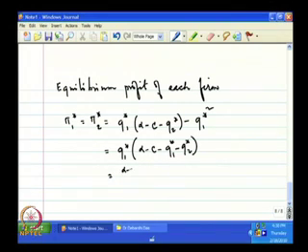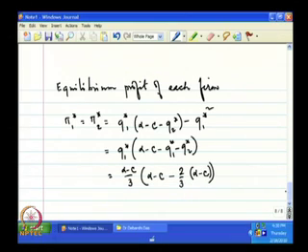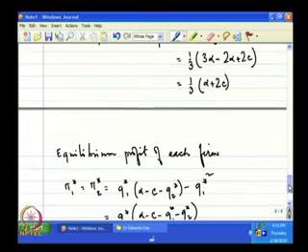This is (alpha minus c) divided by 3, alpha minus c minus 2/3 of (alpha minus c), because there are 2 alpha minus c's. So, this is nothing but (alpha minus c) divided by 3. So, this is (alpha minus c) whole square divided by 9. So, this is the equilibrium profit of each firm.